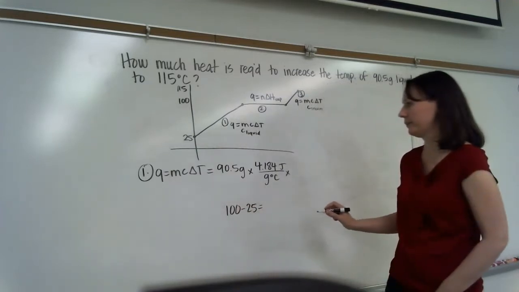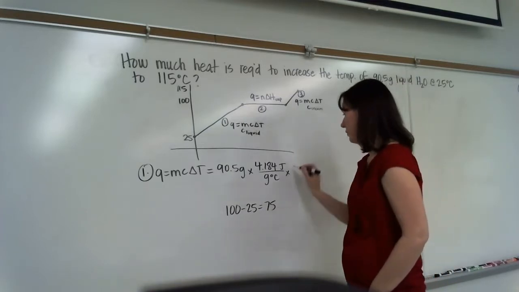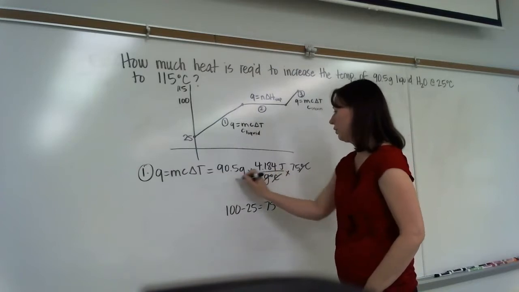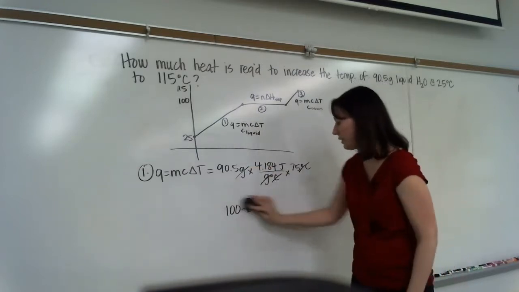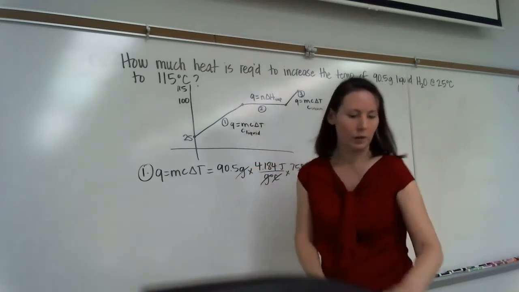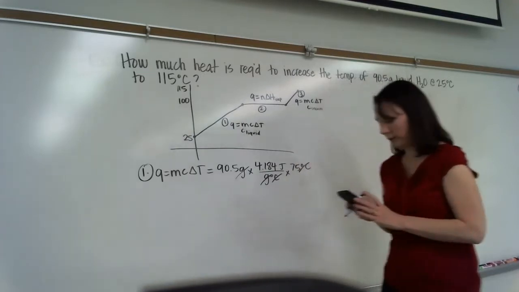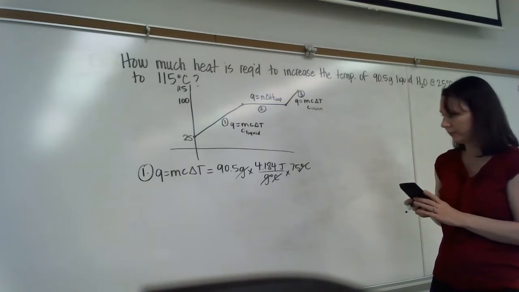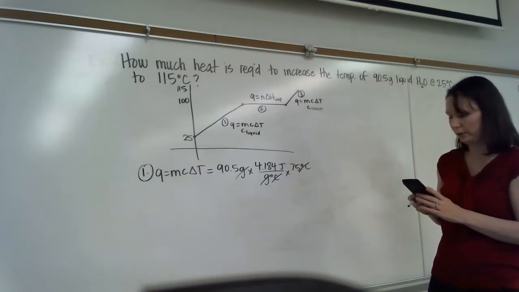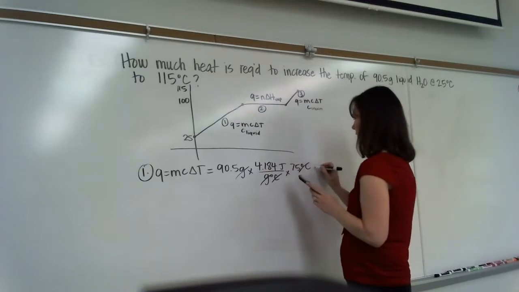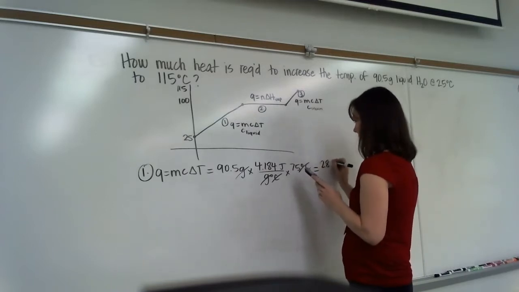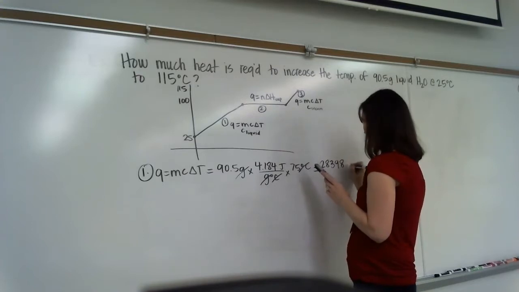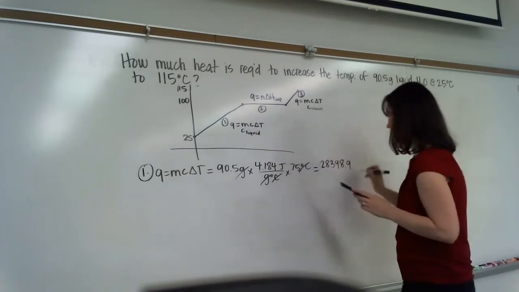So what's that? 75. So 75 degrees Celsius. Degrees Celsius cancel, grams cancel. So my unit's going to come out to be joules. So 90.5 times 4.184 times 75 gives me a really big number. We'll round at the end. So 28398.9 is what my calculator says. My unit there is joules.